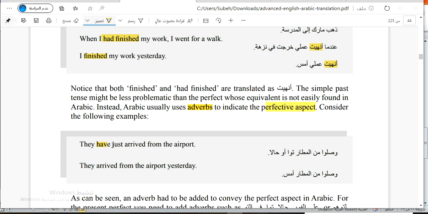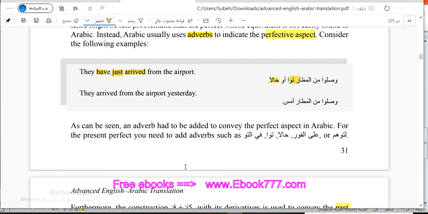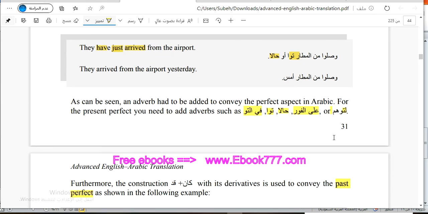We have the auxiliary, the verb, and we have here just. So we translated it as وصلوا من المطار توا أو حالا. It uses what? Adverbs. They arrived from the airport yesterday. وصلوا من المطار. And such adverbs are على الفور, حالا, توا, في التو, أو لتوهم.